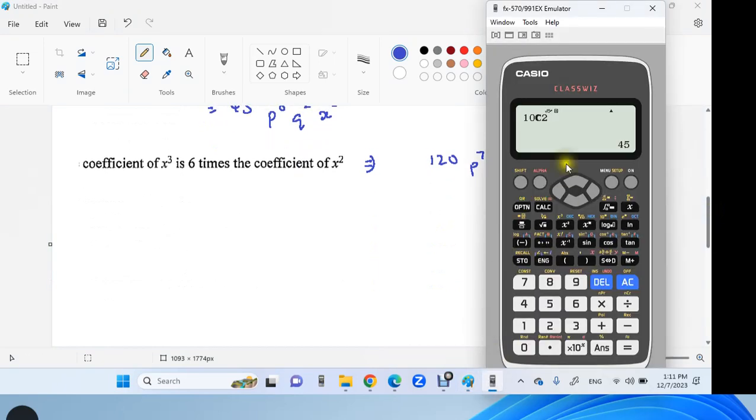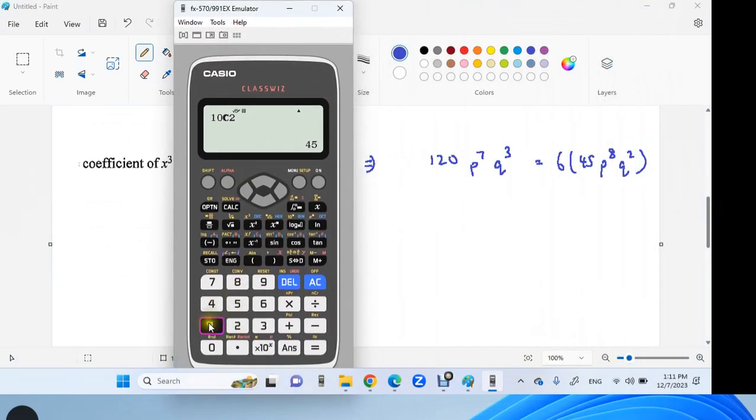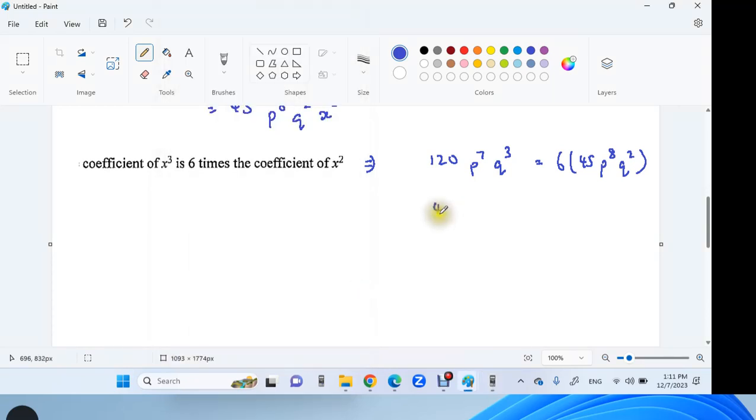So we divide 120 by 6 and by 45, and it becomes 4 over 9. So it is 4 p to the power 7 q to the power 3 equals 9 p to the power 8 q to the power 2, because I divide 120 by 6 to get 20, and then divide 20 and 45 by 5 to get 4 and 9.